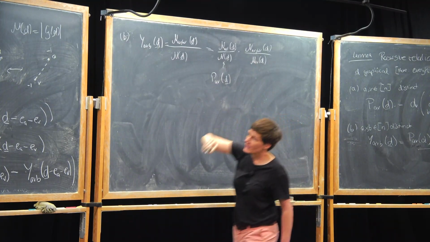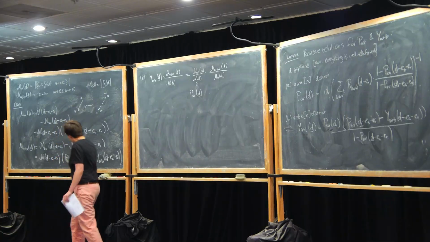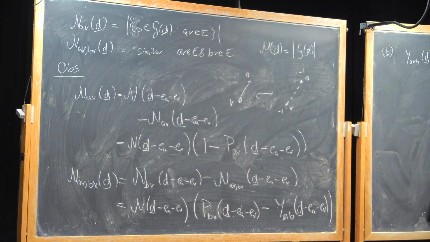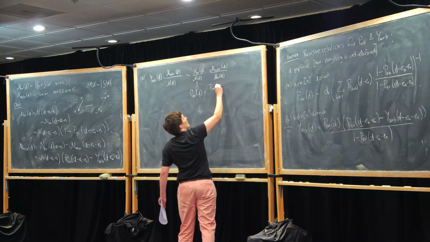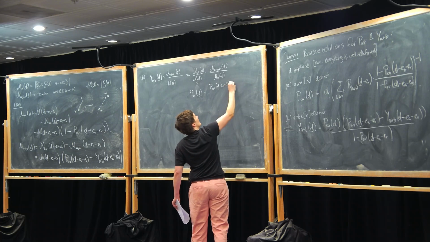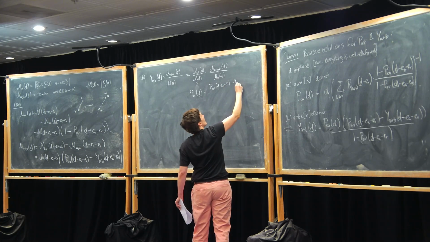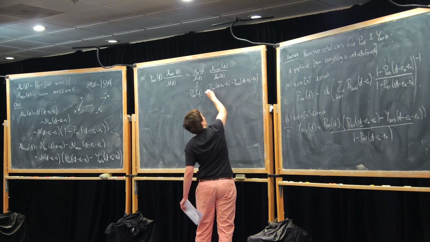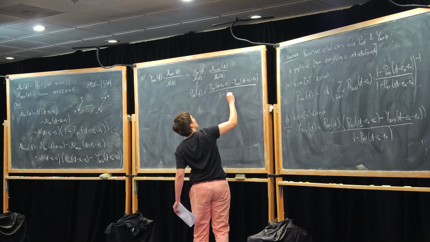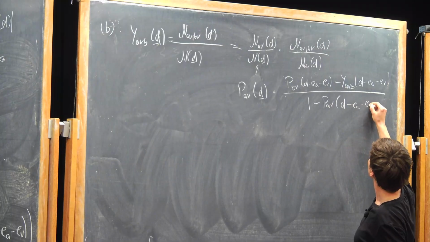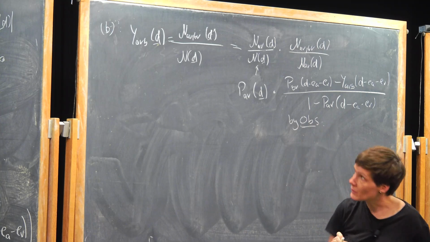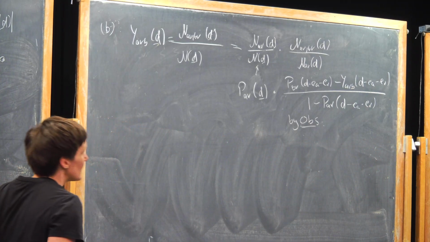And then for this one, I'm just using that expression, and I divide it by that expression. So this is exactly the PAV of the reduced one minus YAVB of the reduced one over 1 minus PAV of the reduced one. Okay, by observation. So that one really follows easily.